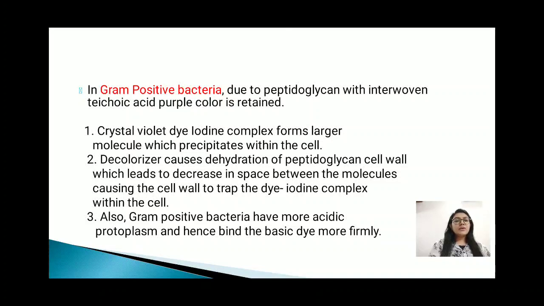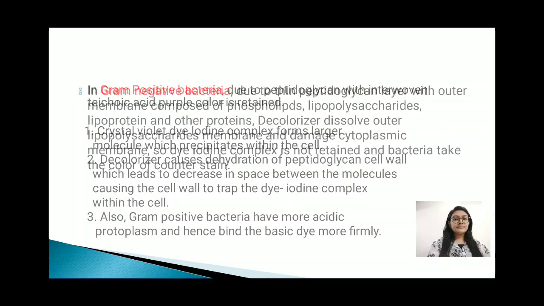Crystal violet diiodine complex formed is large in size so it precipitates within the cell. Decolorizer causes dehydration of peptidoglycan cell wall which leads to decrease in the space between the molecules, causing the cell wall to trap the diiodine complex within the cell. Also, gram positive bacteria have more acidic protoplasm, hence bind the basic dye more strongly.